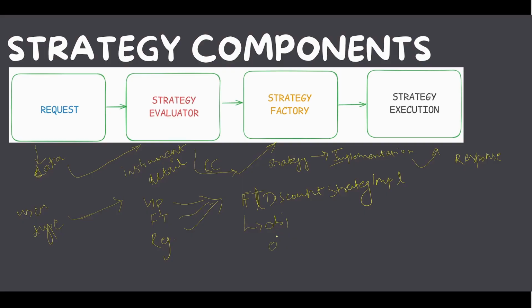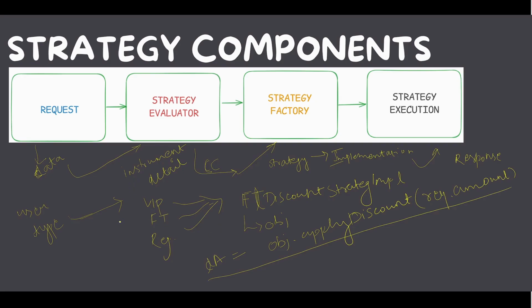Then we will simply call obj.applyDiscount on the request amount. Suppose that the amount is present in the request itself, and we get our discounted amount as the output. So this is the discounted amount that we get from this application.